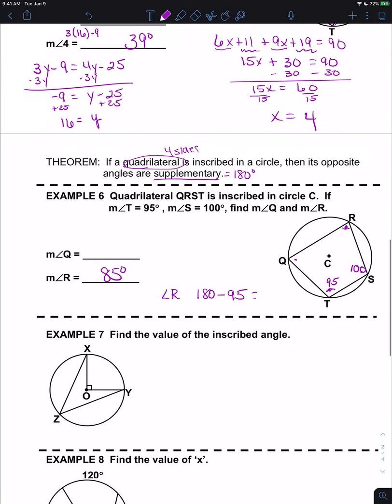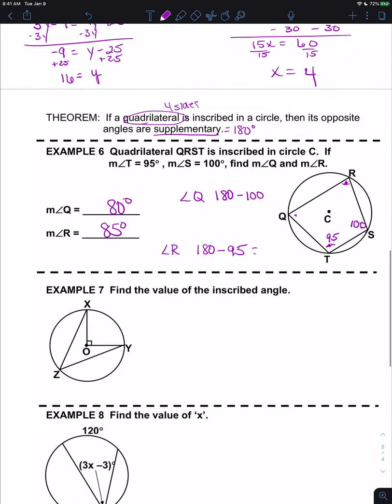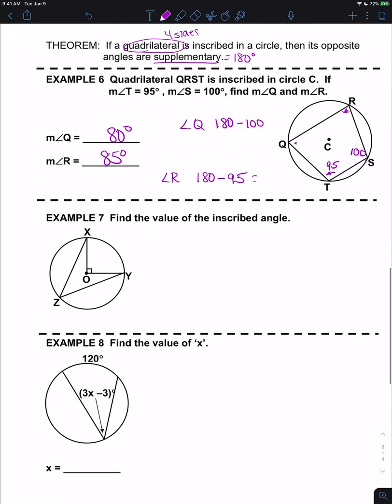Okay, and Q has to be 180 minus its opposite S, 100. So it gives us 80 degrees for angle Q. Okay, so just remember that any quadrilateral has to add up to 360 degrees, those angles on the inside, and opposite angles are supplementary, which means they add up to 180.